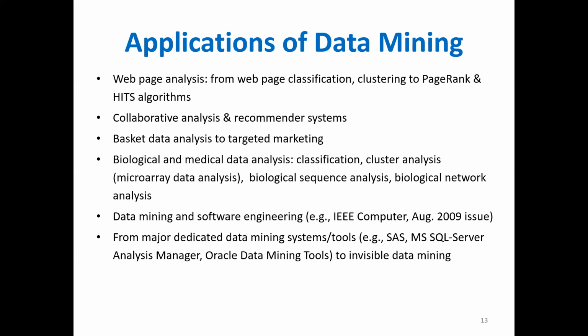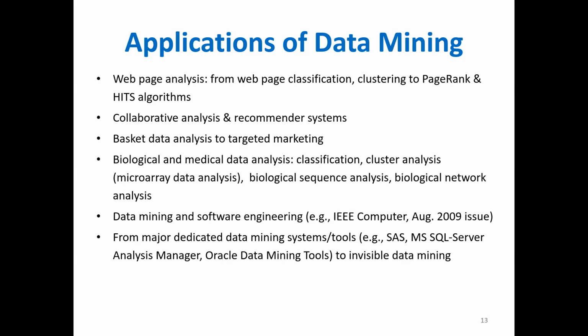So how can Google understand what you want and what category of web pages you want to look at? This web page classification is done by Google using some classification algorithm. Similarly, page ranking, meaning which page comes first and which comes last, is done by some clustering algorithms.